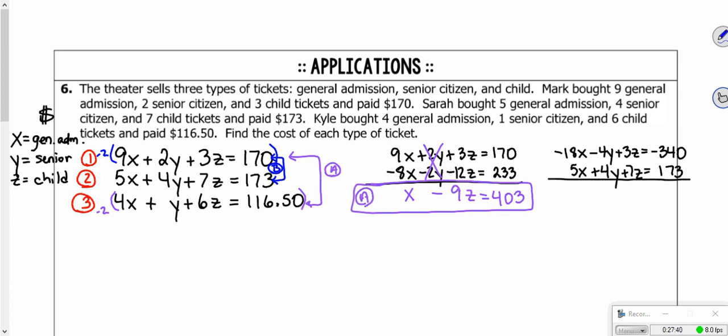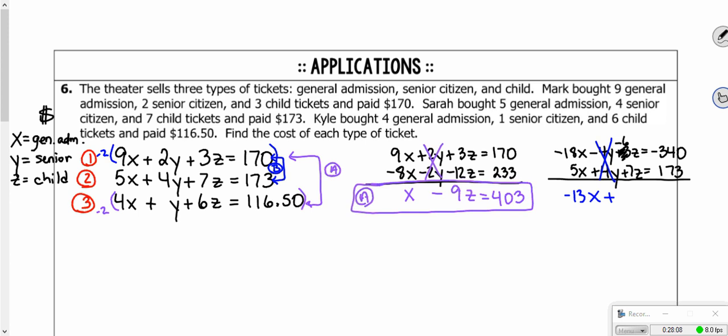This is my B equation here. Again, my y terms are going to cancel. So I'm going to be left with -13x, plus, oh, you know what? I screwed up on the top one. I didn't distribute my -2 to my 3z. That should be -6z. Do you see my error? This should be -6z and then -340.